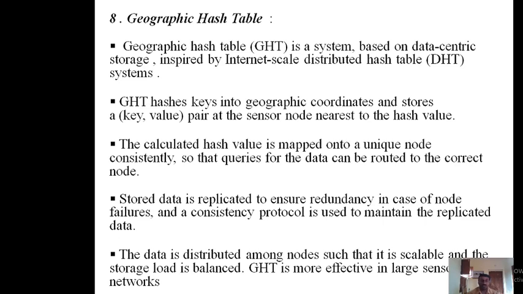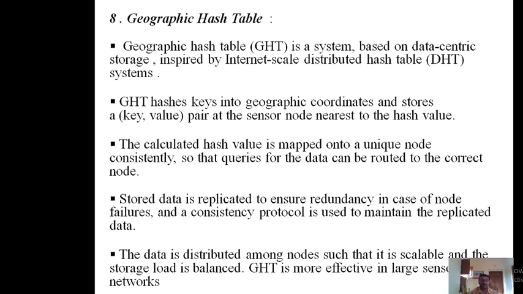If any nodes fail, it stores the data in replicated formats, and consistency protocols are used to maintain the replicated data. So always data is distributed among nodes such that it is scalable and storage load is balanced.